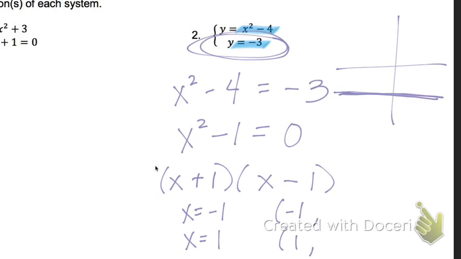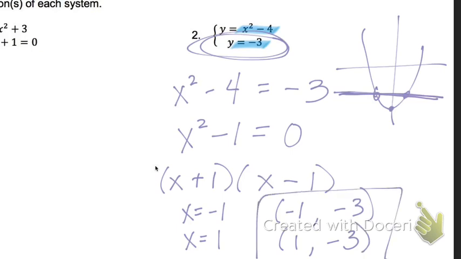And x squared minus 4 is going to look like a y-intercept at -4, and it's going to move up, right? It's going to point upward. So both of my y values would be what? -3. Good. So just because it says y equals negative.